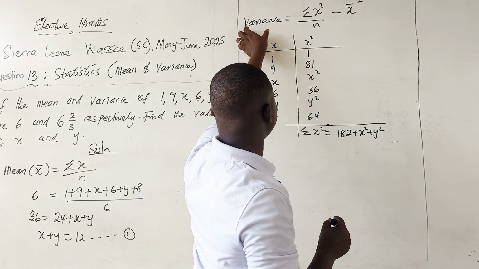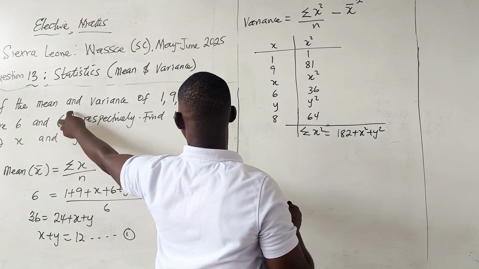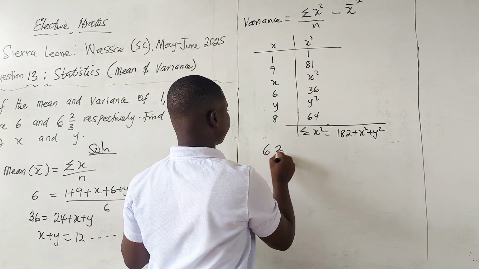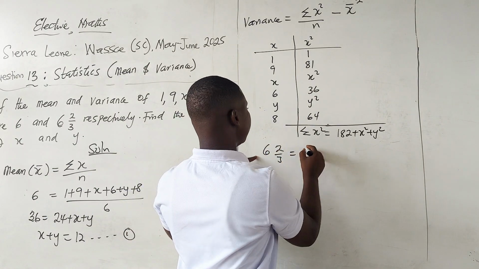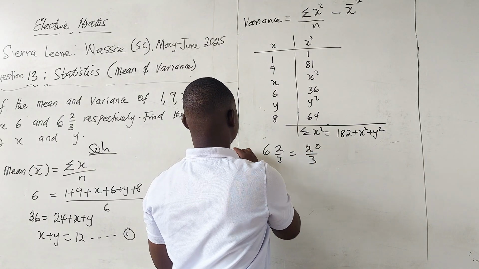So our variance from the question is 6 whole number 2 out of 3, which can be written as 20 out of 3. So that's our variance.